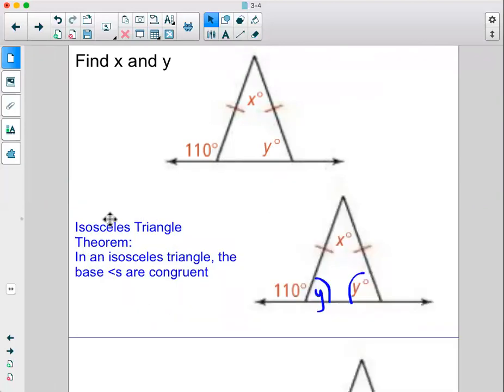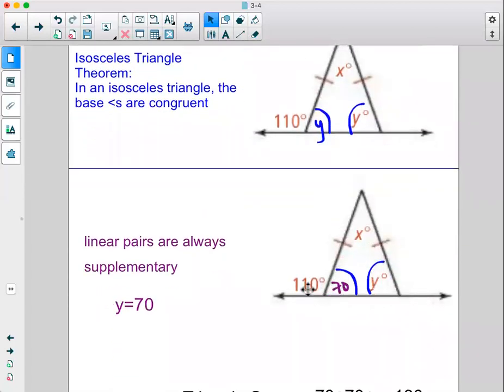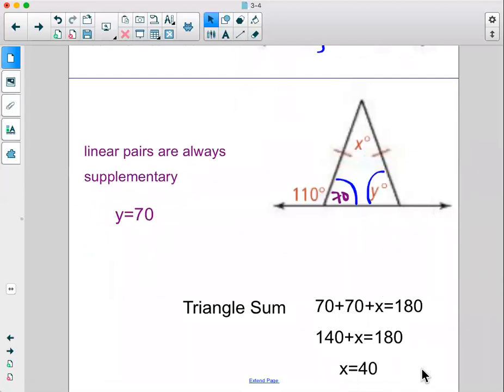So first we'll say the isosceles triangle theorem states that if you have an isosceles triangle, the base angles are congruent. So we know these are going to be the same. And then you know linear pairs are always supplementary. So if that's 110, this has to be 70, and so y has to be 70 also. And then you can use triangle sum to find your final missing angle, or x.